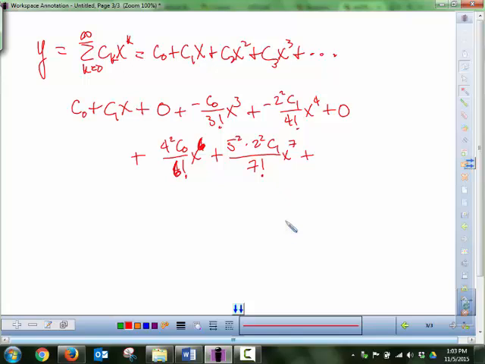And we got another 0 for c sub 8. And then the last one we just did is c sub 9, which was negative 7 squared times 4 squared times c sub 0 divided by 9 factorial.